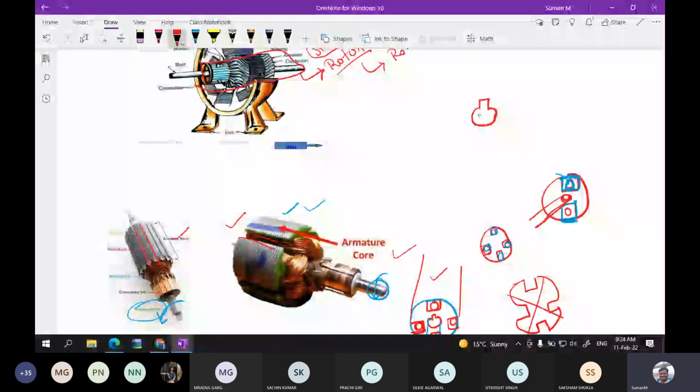Then your shaft will be fixed in this gap like this, fixed in this gap like this. So your shaft will be like this. This part is the cut in the cylindrical structure, and this part is the shaft part which is connected to this. So shaft is connected to this.